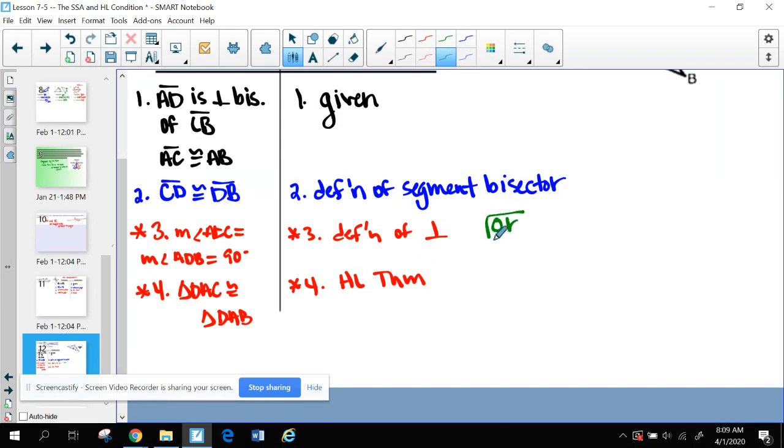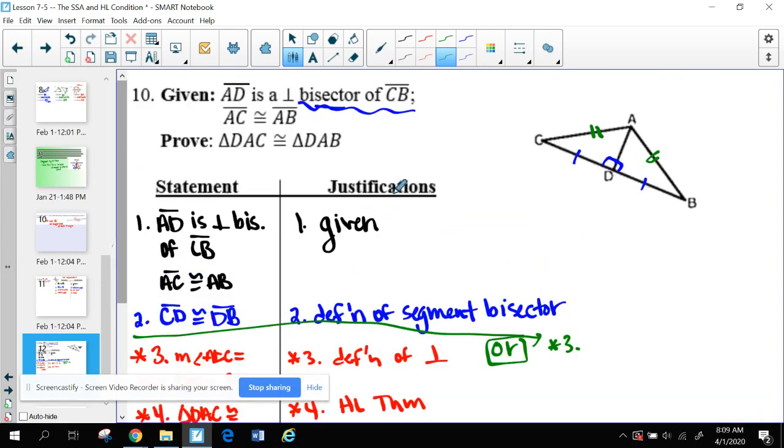Or at this step right here, step 3, we could have gone a different route. If we don't talk about the angles at all, we could have also drawn the conclusion that AD is congruent to itself. And then for our justification, we would say by the reflexive property.